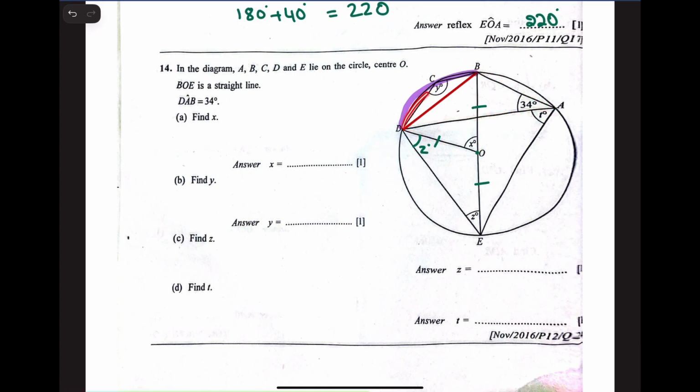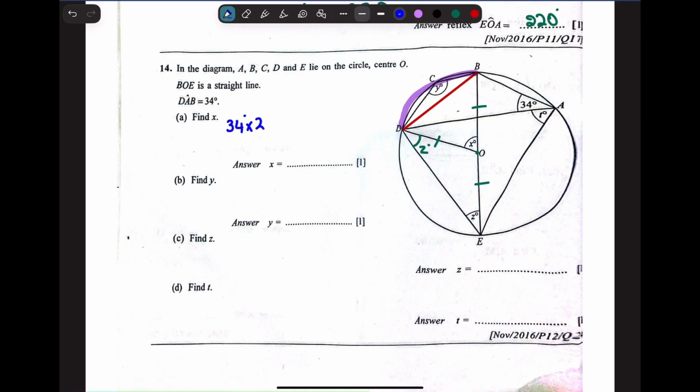So the arc BD subtends an angle of x degrees at the center and 34 degrees at the circumference. The angle at the center is twice the angle at the circumference, so all we have to do is multiply 34 with 2 to get 68 degrees. So x is 68 degrees.